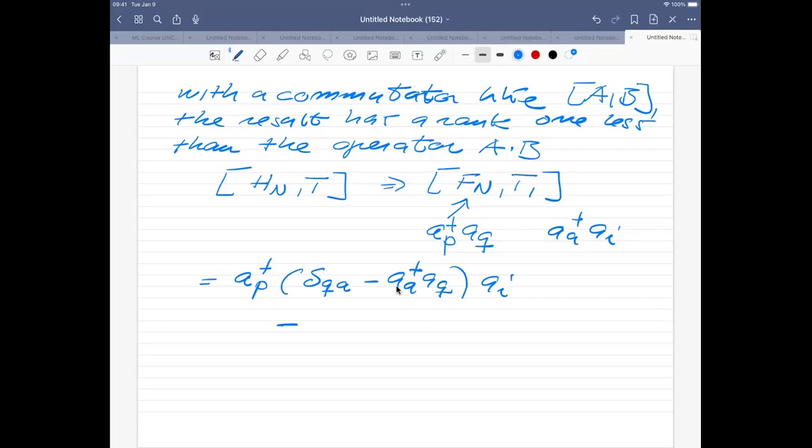So this first one would be Fn times T1, and then I have a new term here, which is just T1 times Fn, and now I'm reordering them. So this will contain a term given by, let me just do that one, minus, and then I have an a_a, and then I'm performing one of the contractions here, minus a_p a_i a_q.